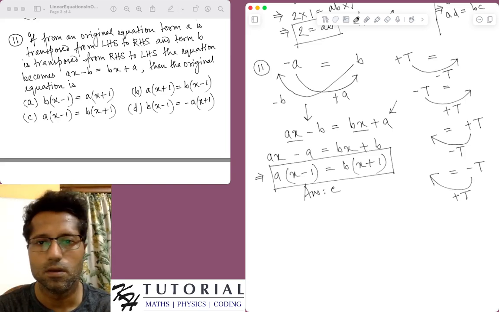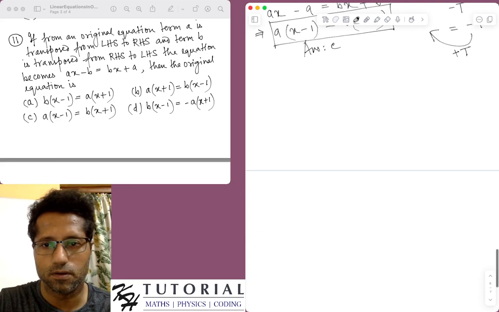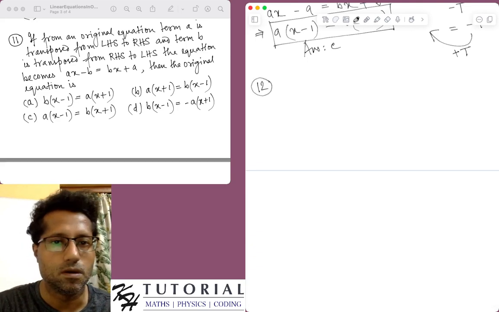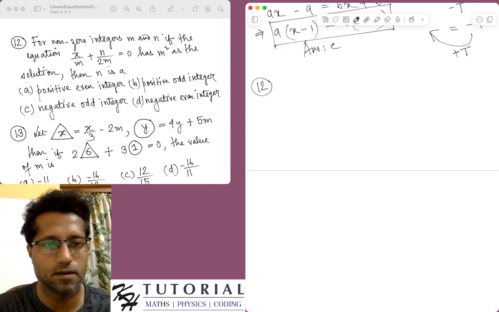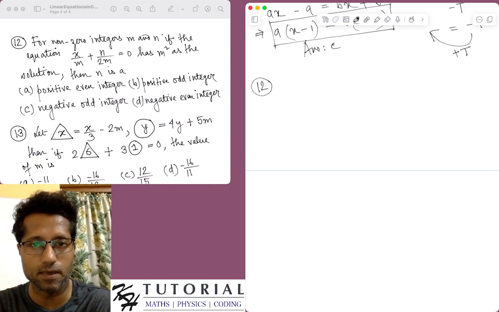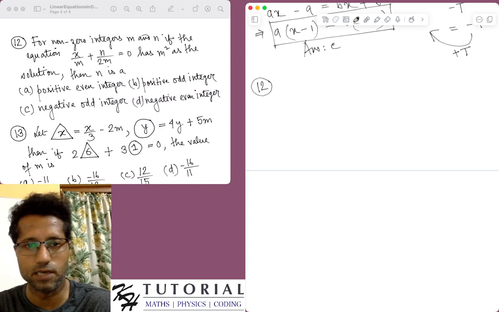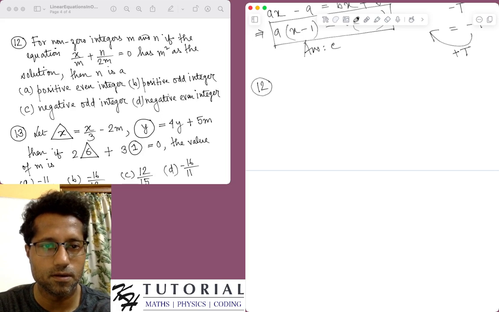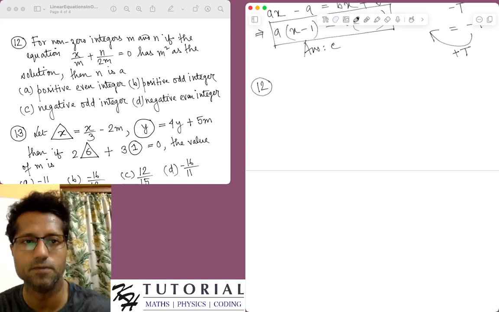Okay, let's do problem number 12. Problem number 12 says that for non-zero integers m and n, if the equation x by m plus n by 2m equals 0 has m square as the solution, then n is a: the choices are positive even integer, positive odd integer, negative odd integer, negative even integer.